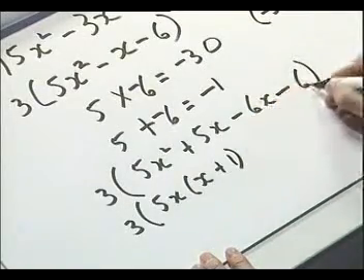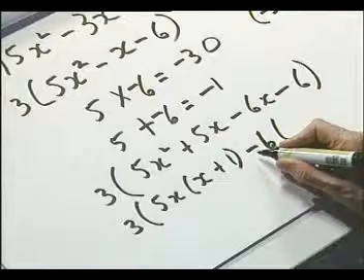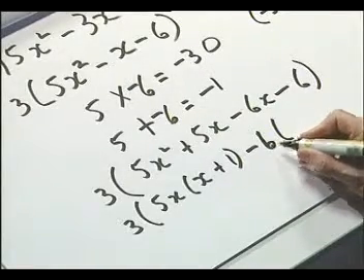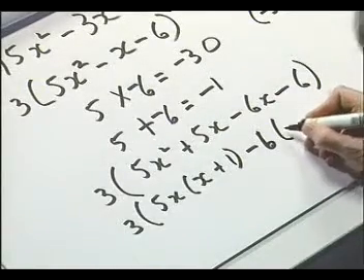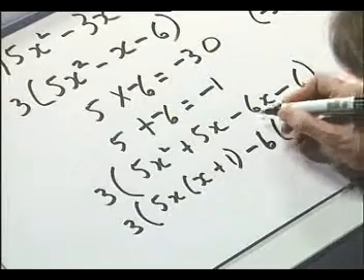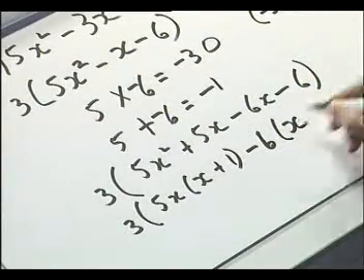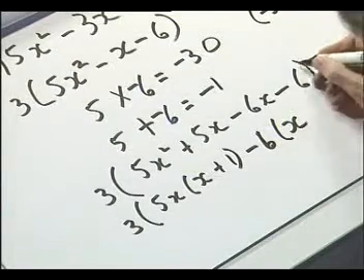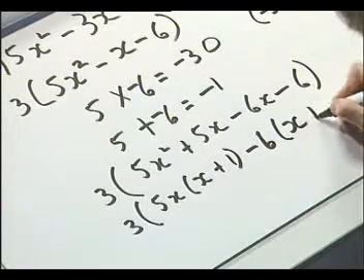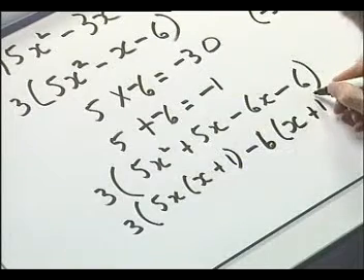The common factor here is minus 6. Each of these terms shares a 6 and the minus sign. So we'll take out the factor minus 6, and then we need minus 6 times something to give us minus 6x, so that's times x. And minus 6 times something has to give us minus 6, so that's minus 6 times 1.